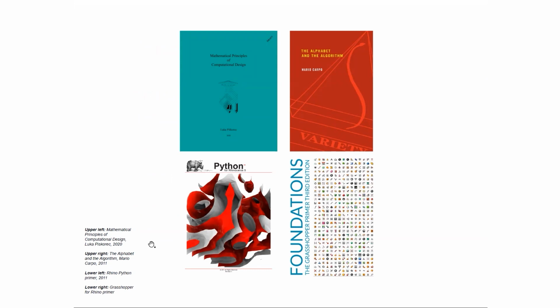This is the recommended reading. The ones on the bottom I already mentioned. There is Python for Rhinoceros, the Rhino Python primer that is in the manuals folder on my courses. It's basically Python coding in Rhino, and it is an excellent reference for you.